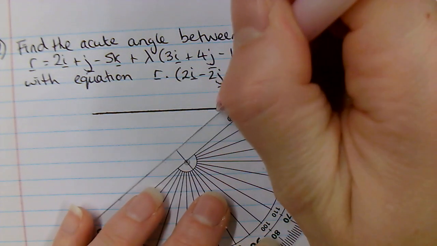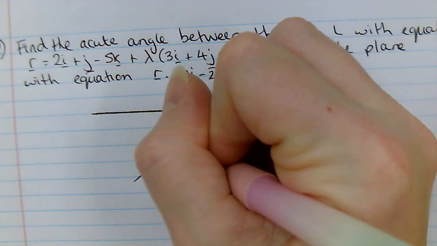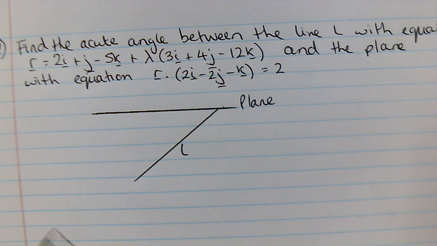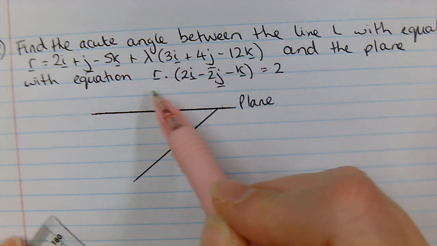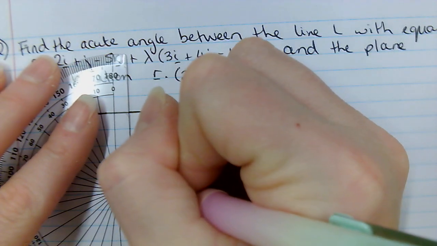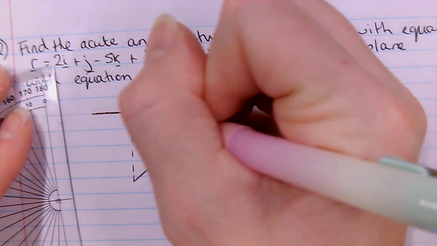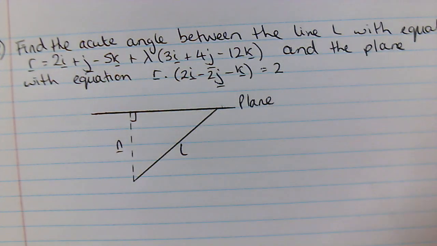And my line L is coming here somewhere. This is my line L, then bearing in mind the equation of the plane, this is the normal vector, so the normal would be here, because it's perpendicular to the plane.